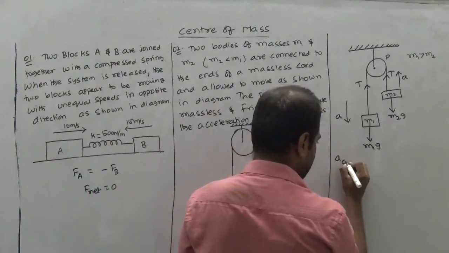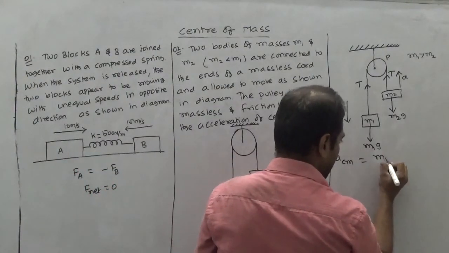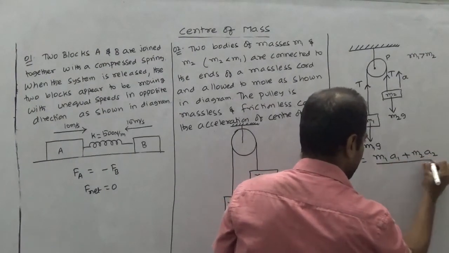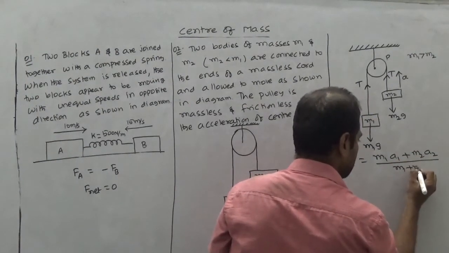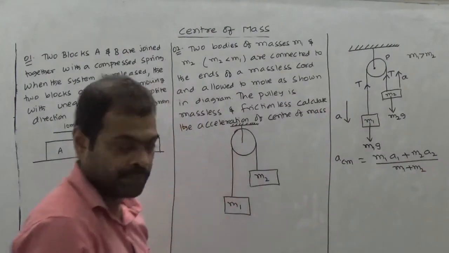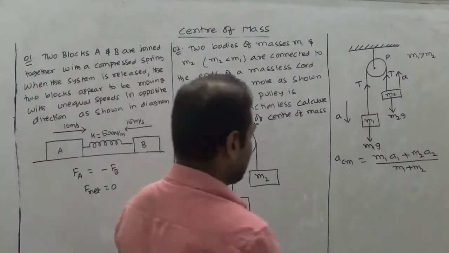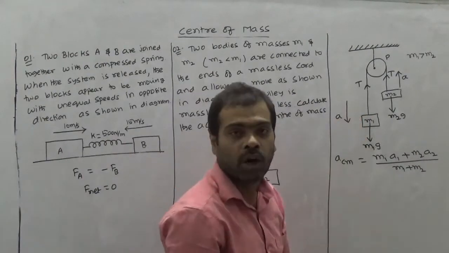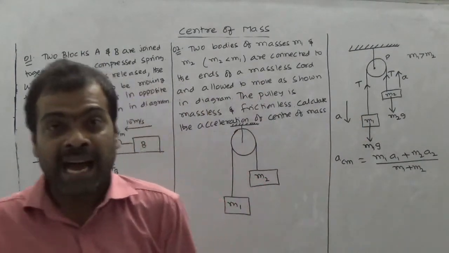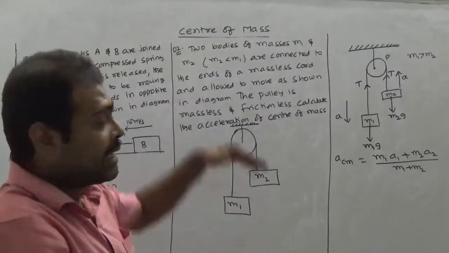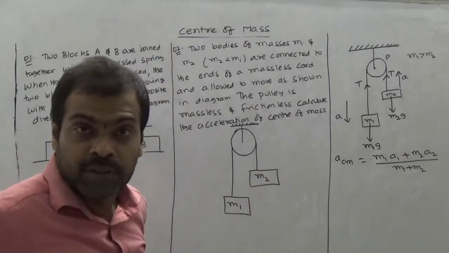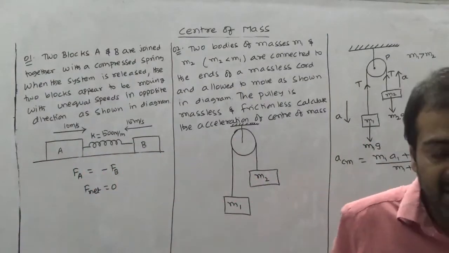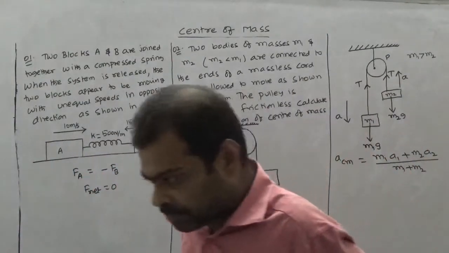So here I can write the acceleration of center of mass is equal to m1a1 plus m2a2 divided by m1 plus m2. See, the first body is coming downwards, so its acceleration is increasing, and whenever the acceleration is increasing we indicate it with a positive sign.